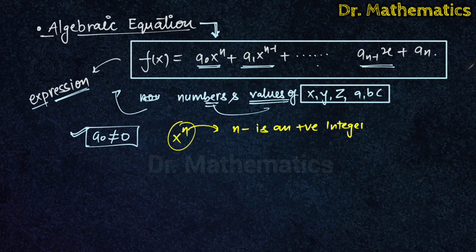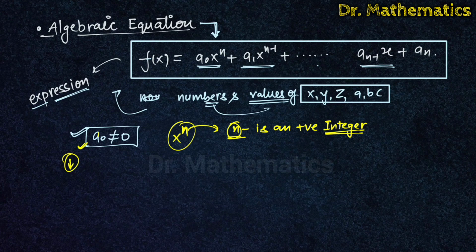You have to remember all these things because it is very important to build your concepts. If you build your concepts like this, you will not face any type of problem in the near future. So x to the power n, where n is a positive integer.